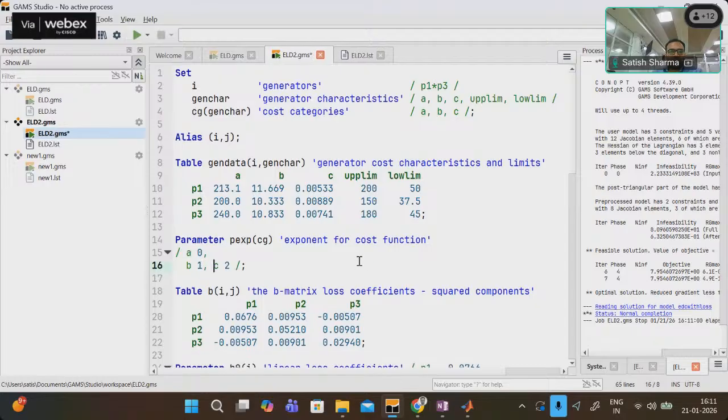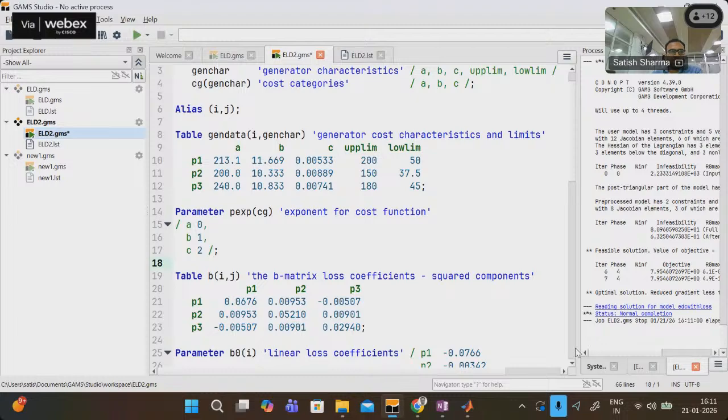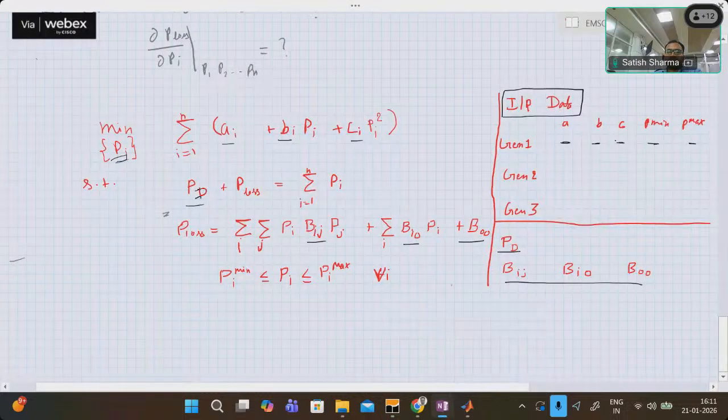Then, if we further proceed, another data is basically these coefficients bij. So bij is a matrix, bi naught is an array, and b naught naught is a single scalar.